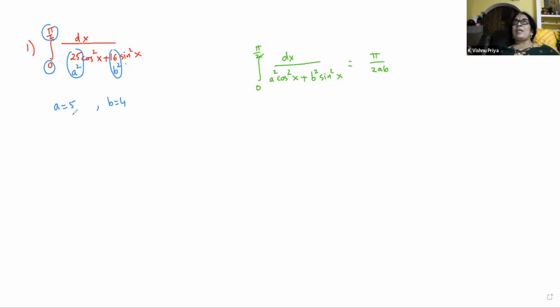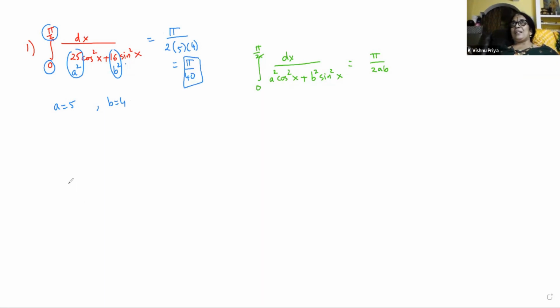So once I know a is 5 and b is 4, I can write the answer. Pi by 2 into a into b. That is pi by 40 is the answer for this integral.